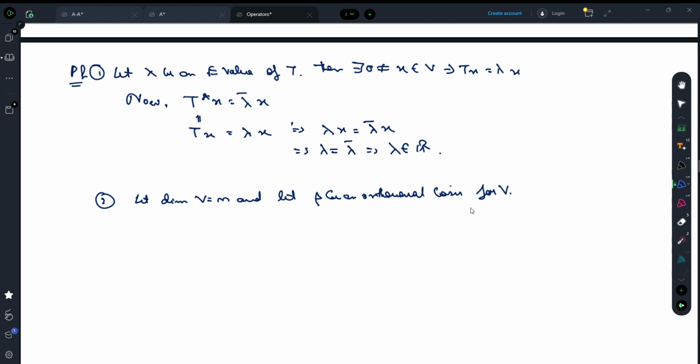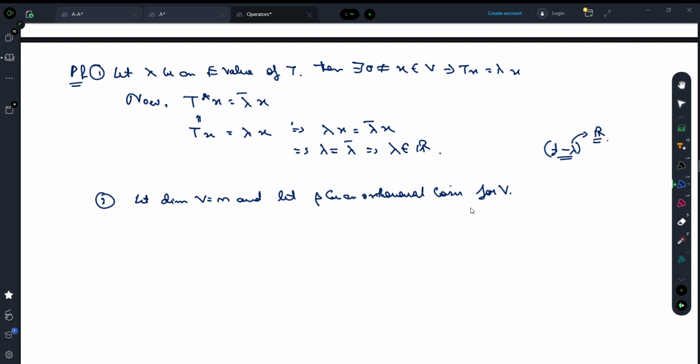Firstly, I don't need to restrict the field to the reals. I can restrict the field to the complexes only, but I can show that the characteristic polynomial, which will surely split in C, will also split in R. That is, each component will be of the form T minus lambda, where lambda is real. That's exactly what I need to show.